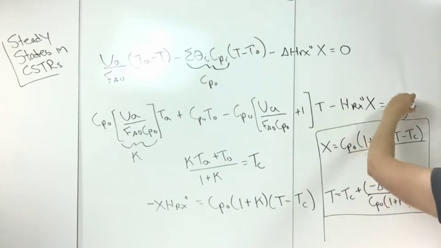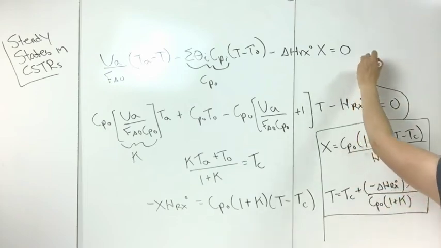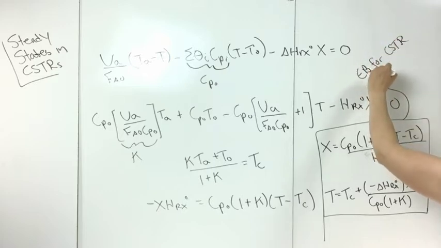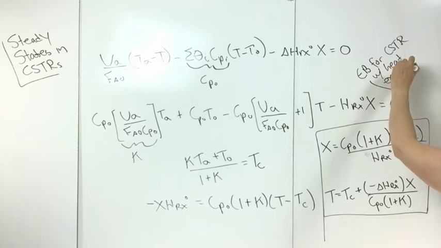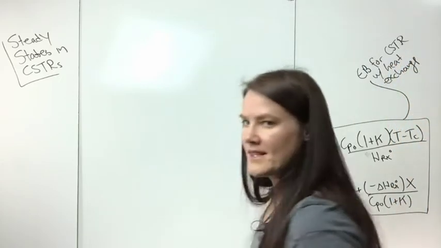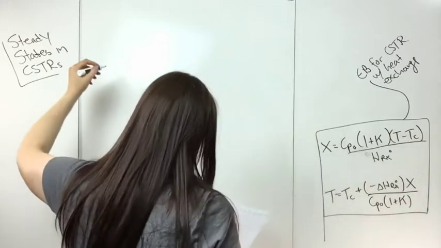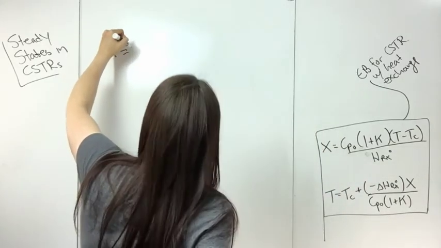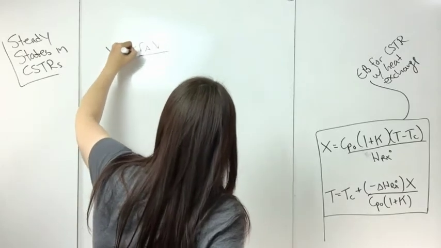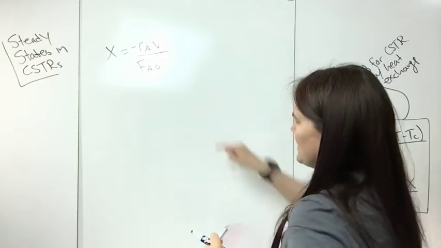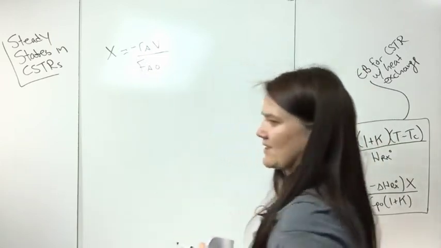So then this is the energy balance for a CSTR with heat exchange. Then using the CSTR mole balance, which if you remember, X is equal to minus RA V over FA naught, because V is equal to FA naught X over minus RA.